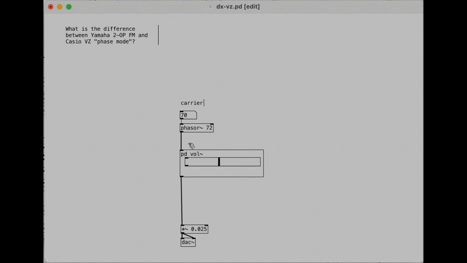Now, to make it a sine wave or a cosine wave, you can't hear the difference, you send it through a wave shaper that turns the sawtooth into a sine wave.